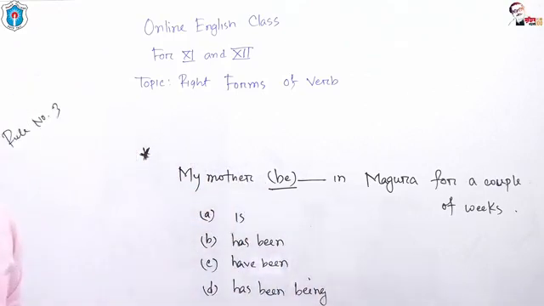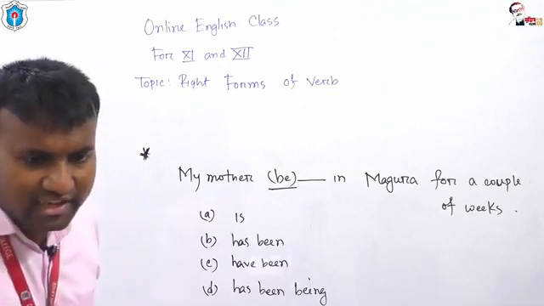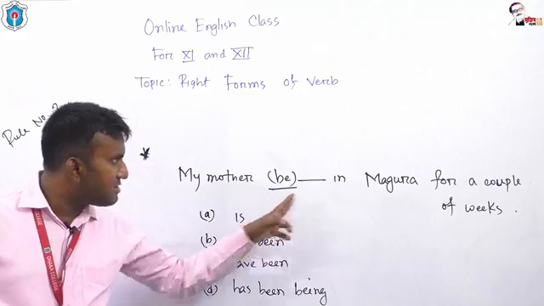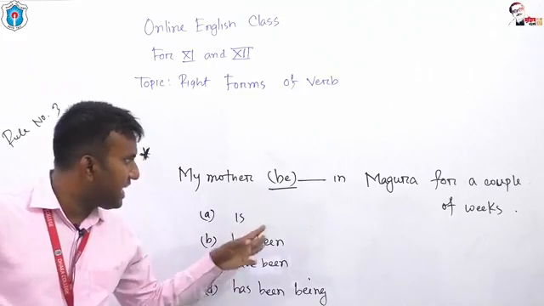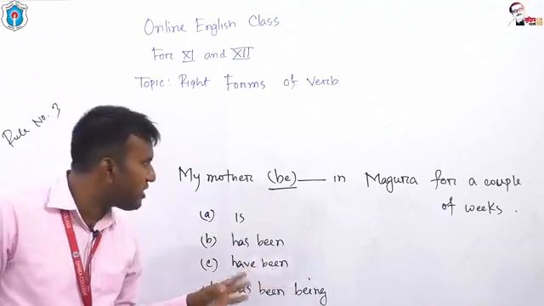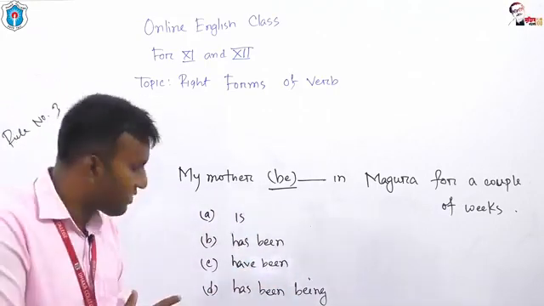Which one will you take, my dear students? My mother is in Magura for a couple of weeks. My mother has been in Magura for a couple of weeks. My mother have been in Magura for a couple of weeks. The answer is: my mother has been in Magura for a couple of weeks.